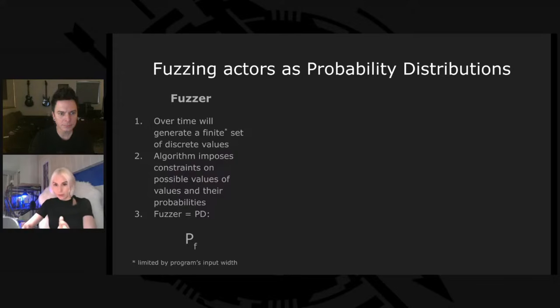Basically, over time, a fuzzer will generate a finite set of discrete values or inputs. It is finite because we are assuming that it is constrained by the size of the input that a program can take. Obviously, if you just run a fuzzer infinitely, then it would generate infinite inputs. But because we have a certain buffer to fill, it will probably be a finite set.